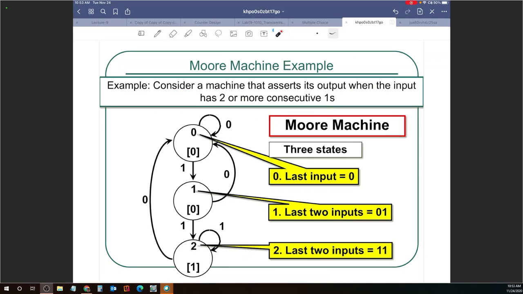So if you are looking at a bunch of zeros and ones coming in, you are asked to observe the input, and if it has 2 or more consecutive ones, you are supposed to make the output 1.